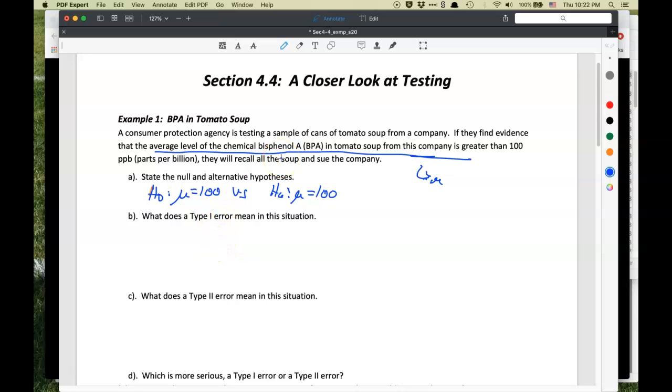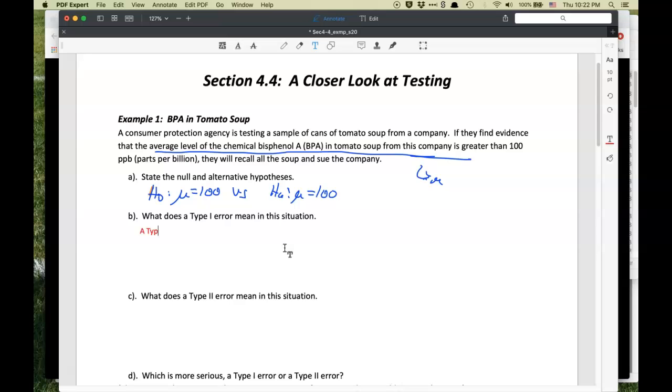All right, now what does a type 1 error mean in this situation? So let's just think about it. What it means is that the null hypothesis was true, and we rejected it. So in this case, it would be that our BPA level for the soup was actually 100, and we concluded that it was more.